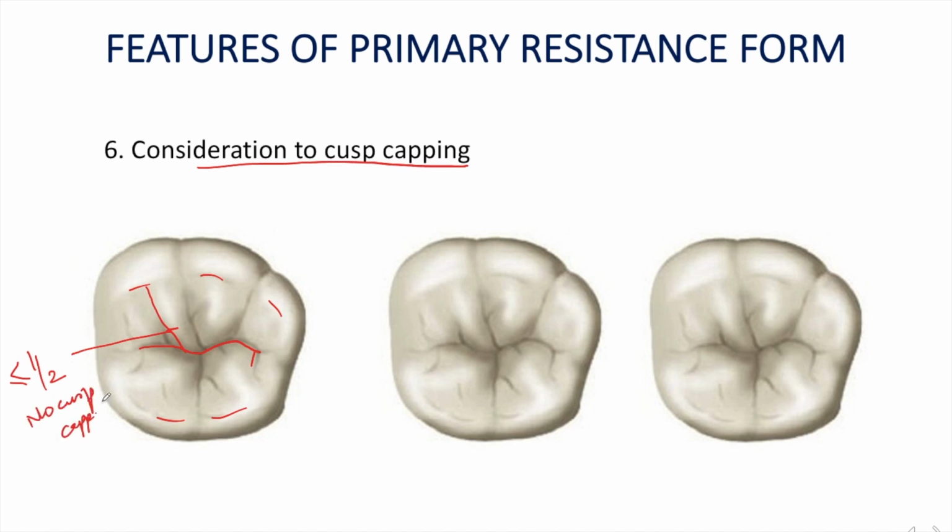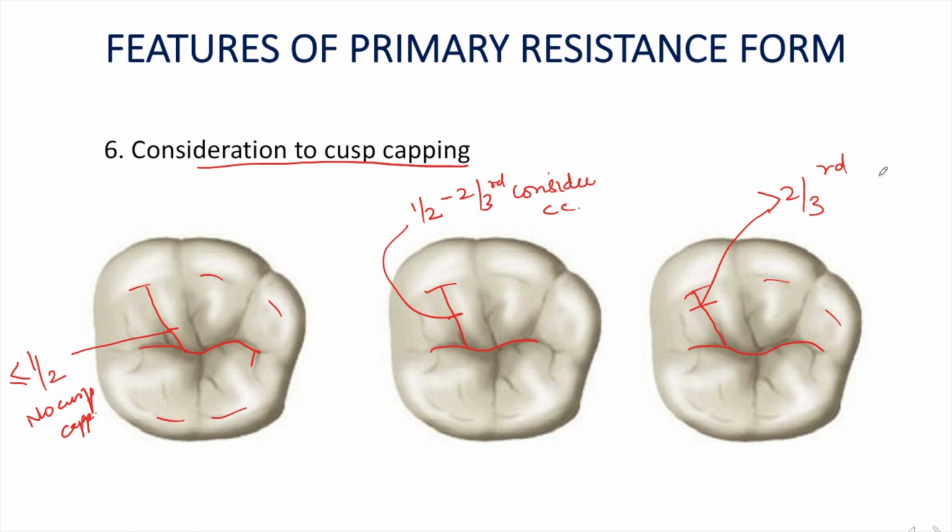But if the extension from the groove to the cusp tip is 1/2 to 2/3 of the distance, let's say it's here, then we can consider cusp capping. But if the distance is more than 2/3, the remaining tooth structure will be very weak, and thus in such cases, to prevent fracture of the tooth, we should always protect the cusp by cusp capping. I hope now this is clear to you.